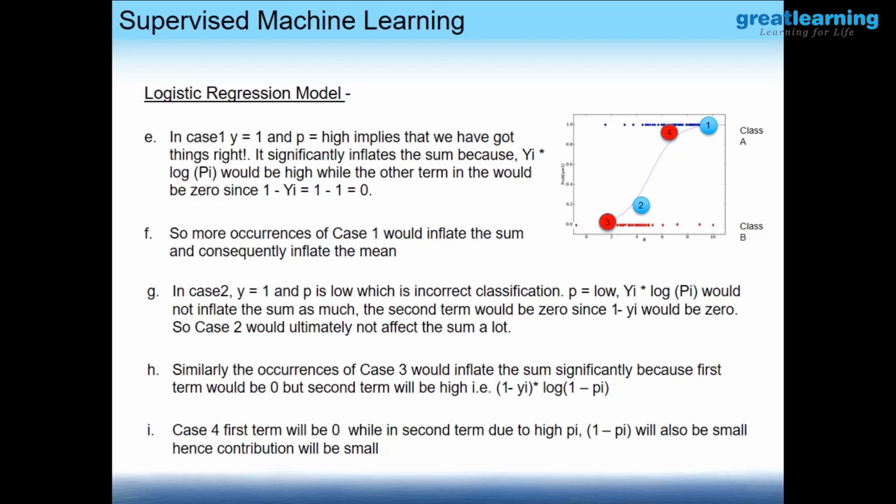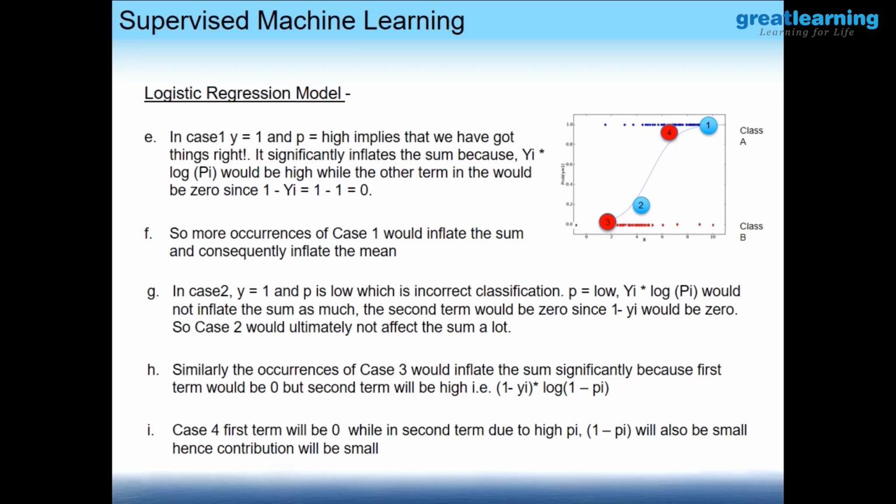Come to this. What is the y value for blue class? 1 into what is the probability? Very high, almost close to 1. Log of a very high number, when it comes close to 1, is 0. Log of a very high number is close to 0. 2 raised to power 0 is 1, so this is log to the base 2.